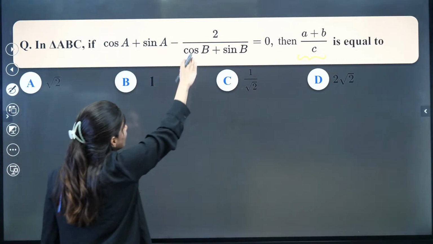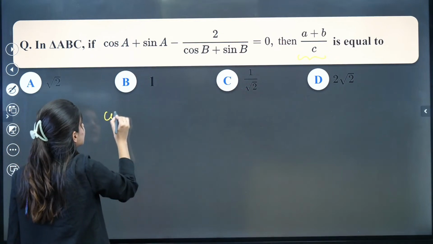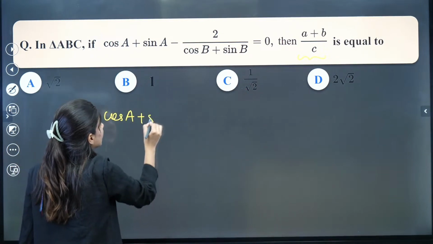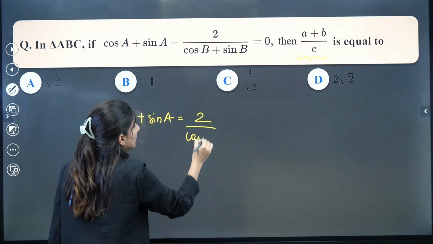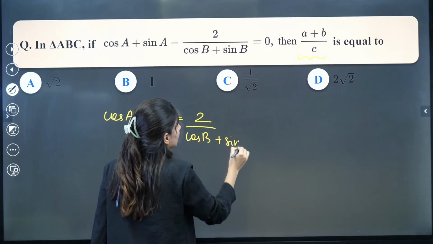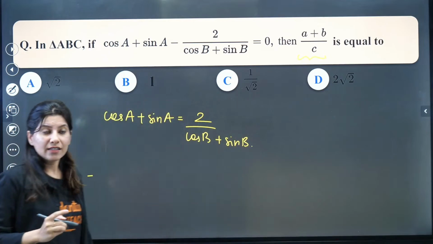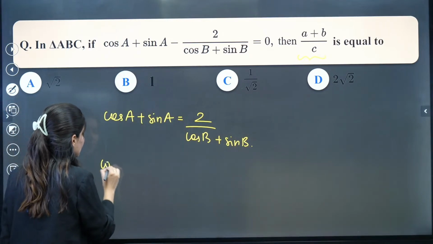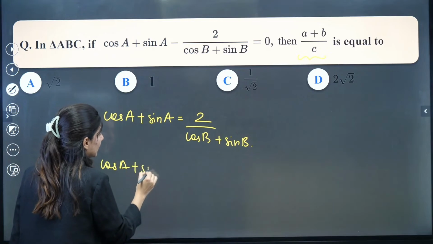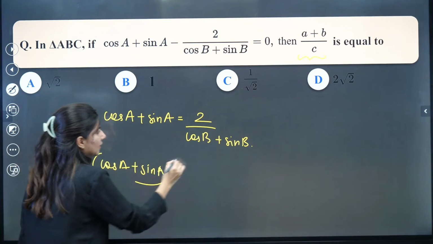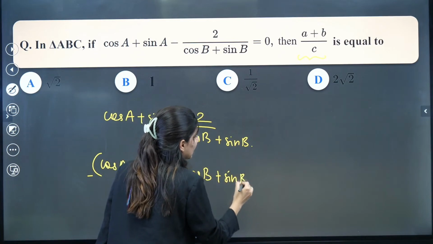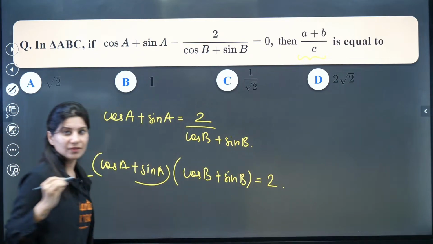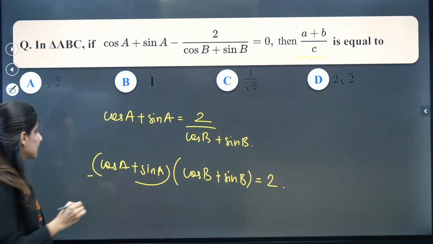So first of all, let's just shift this towards the right hand side. So cos A plus sin A is nothing but twice of cos B plus sin B. Right? Now cross multiply. So it is going to be (cos A plus sin A) and (cos B plus sin B) that will be equal to 2. Right? Now multiply.